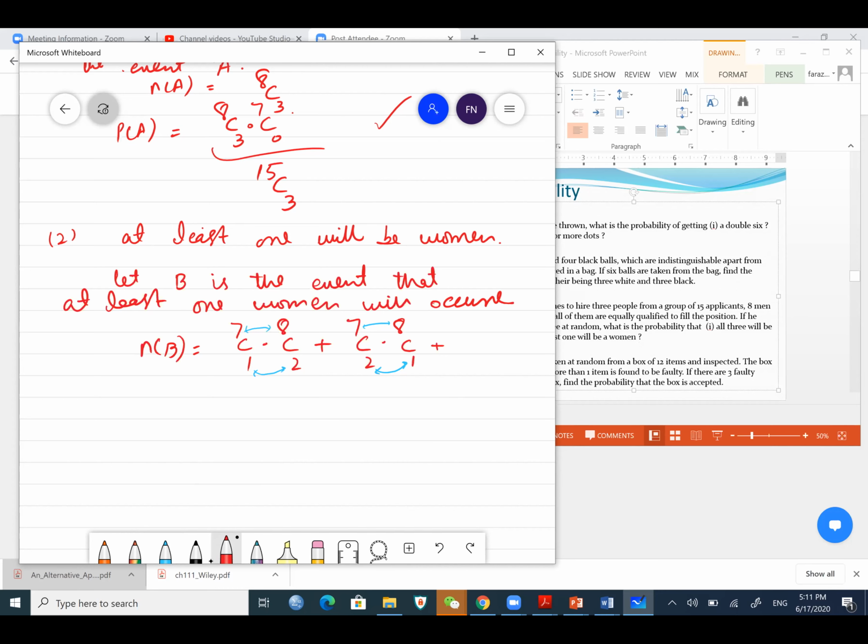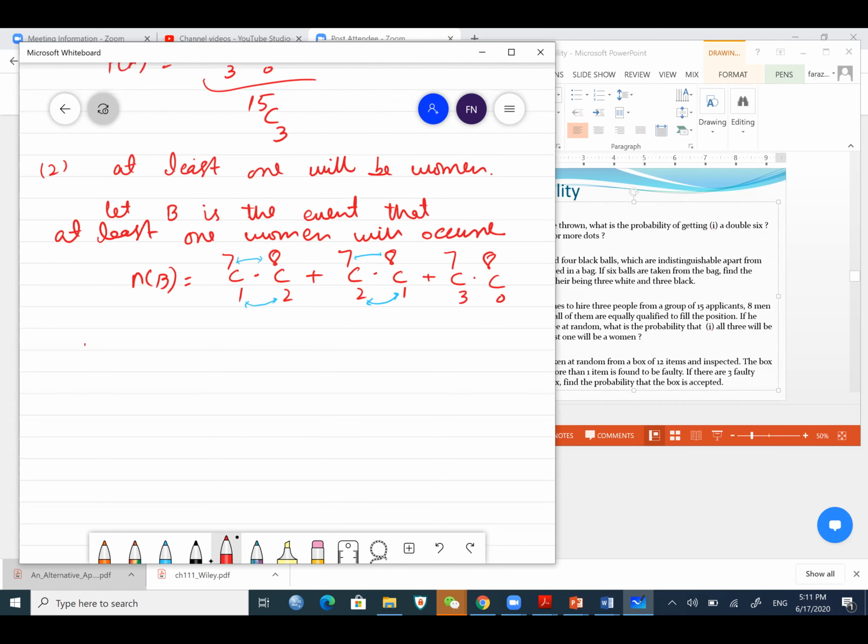And then the third option, at least one woman means all 3 will be women, then we will not have any men. Is that clear? Yes. Any question?